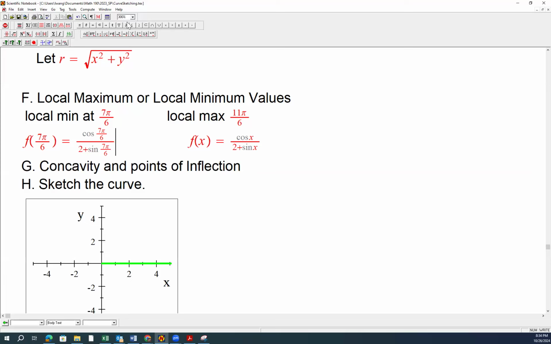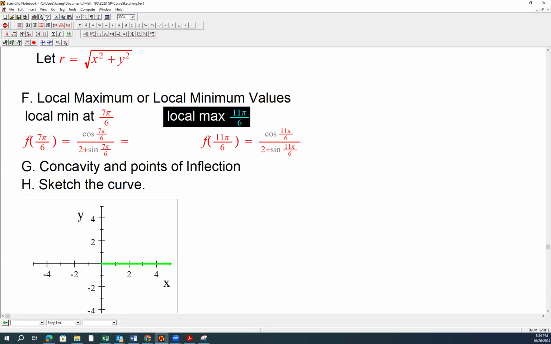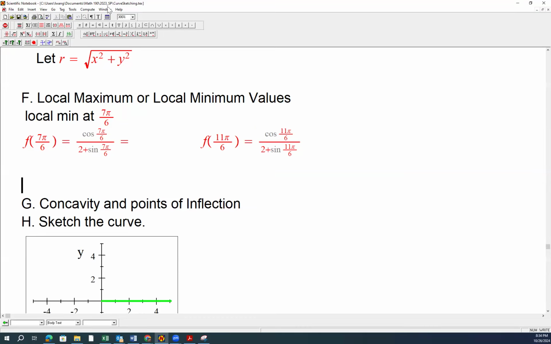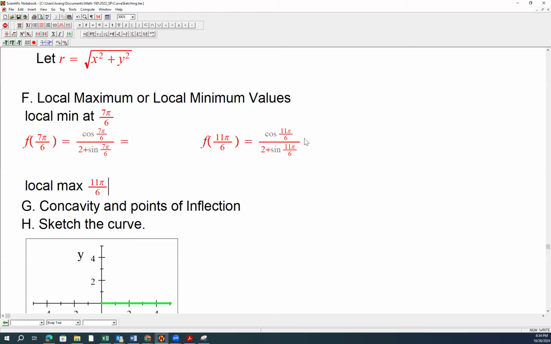What do we get here? And this other one is 11 pi over 6. Now we're going to have to evaluate all of these from ARD. I'm going to show you once again by definition. This is a local max.